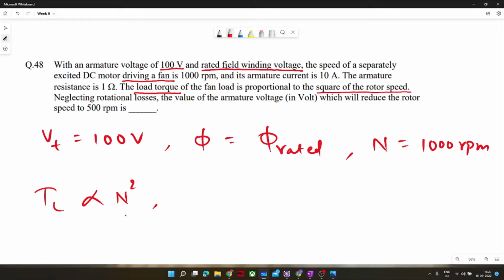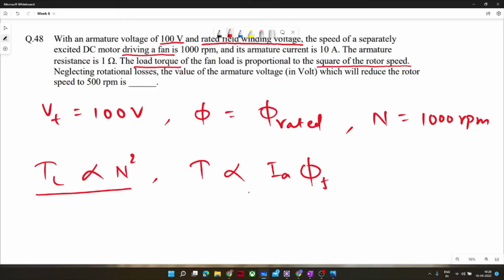So load torque is depending on speed of your rotor, and generally from machine side, if you see, this is the requirement of load. This much torque the motor should be capable of delivering, but machine torque depends on current and flux, so armature current and flux, right? This is the characteristic when both field MMF and armature MMF are at 90 degrees, then torque is maximum.